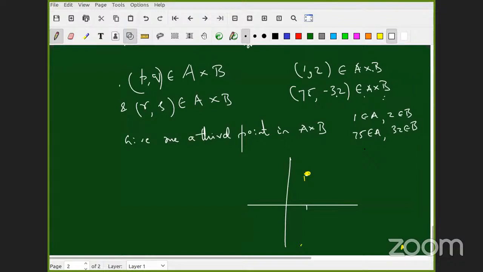Sir, the ordered pair (1, -32). Very good. Excellent. The ordered pair (1, -32) belongs to A cross B. That's how I get a third point. Can you get another point? Anusya, quick. Sir, the ordered pair (75, 2). Very good. Excellent. It belongs to A cross B.